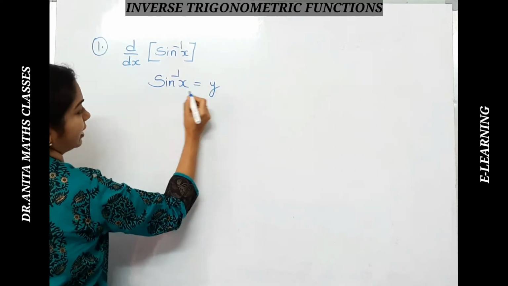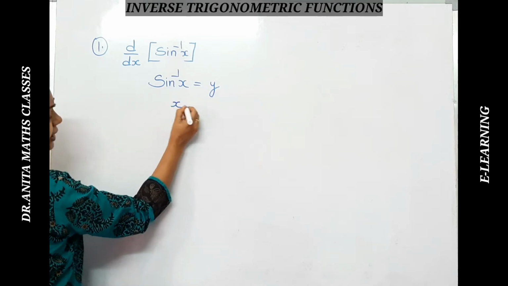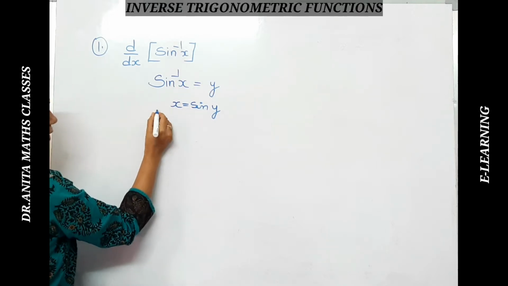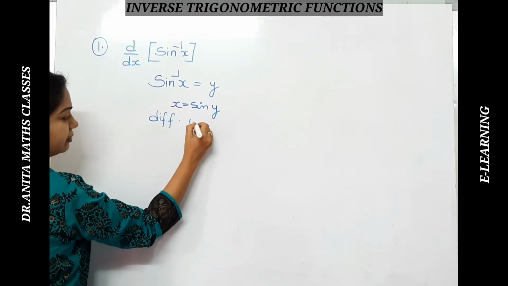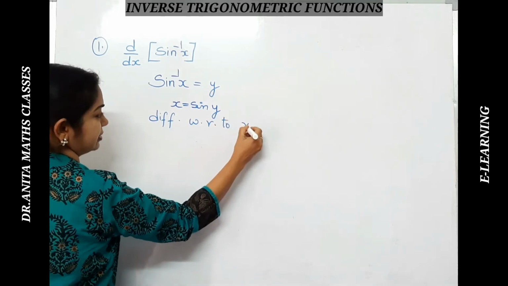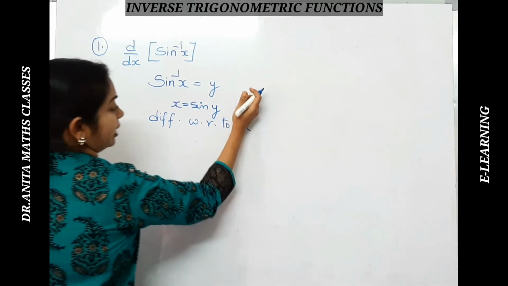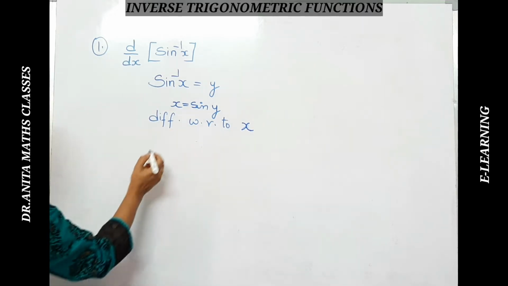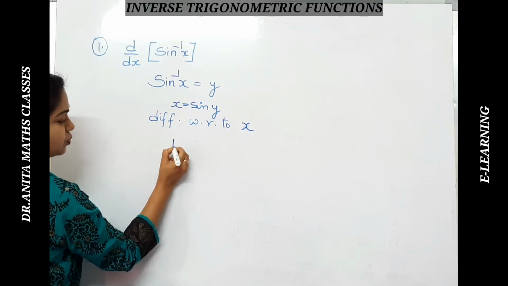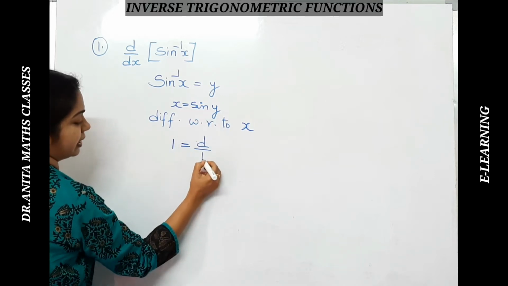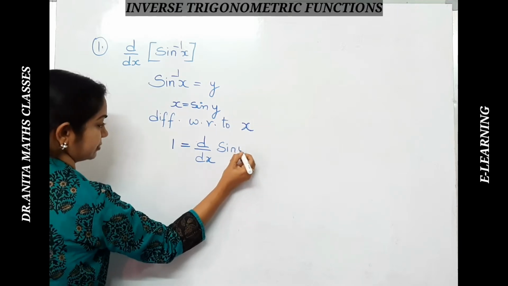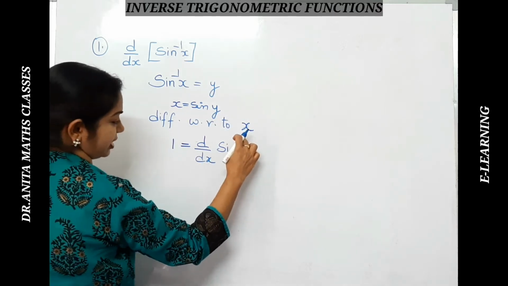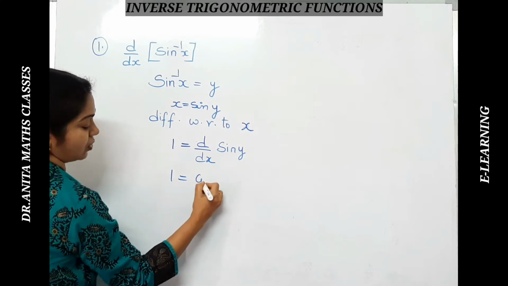Now let me suppose this is y, then I can take it as x is equal to sine of y. Differentiating with respect to x, d x by d x is 1, and d by d x of sine y is nothing but cos y.